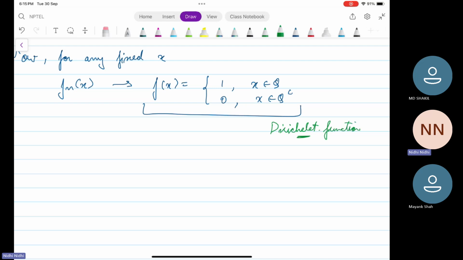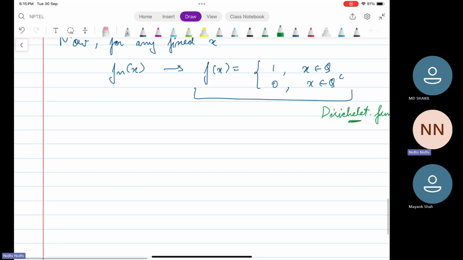Please check this spelling, I don't remember. Yeah, we know that, since this f is not Riemann integrable, we are done.